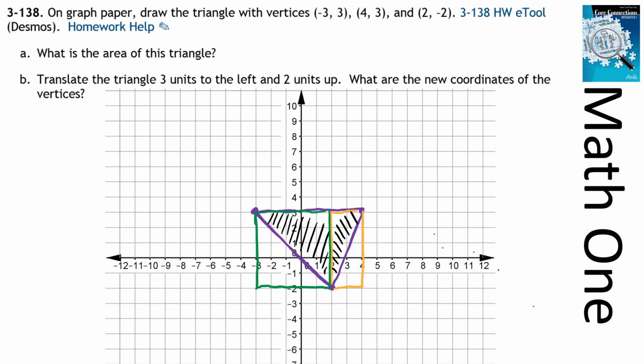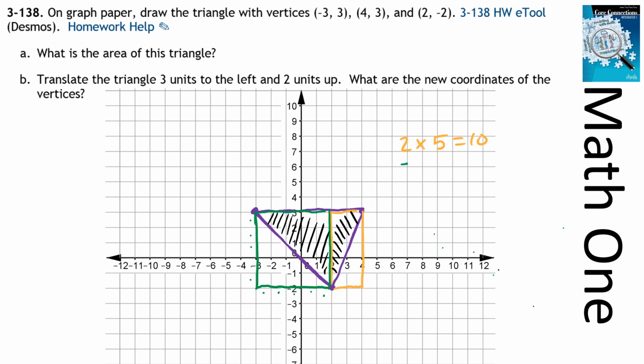Well, this yellowy one is dimensions 2 by 1, 2, 3, 4, 5, so it's 2 by 5, or 10. And the other one, the green one, has a dimension of 1, 2, 3, 4, 5 by 1, 2, 3, 4, 5.